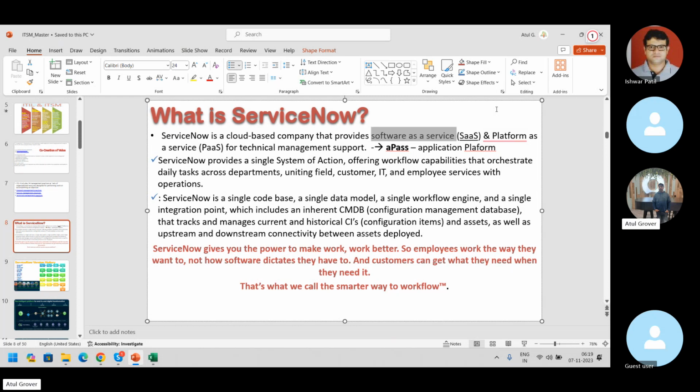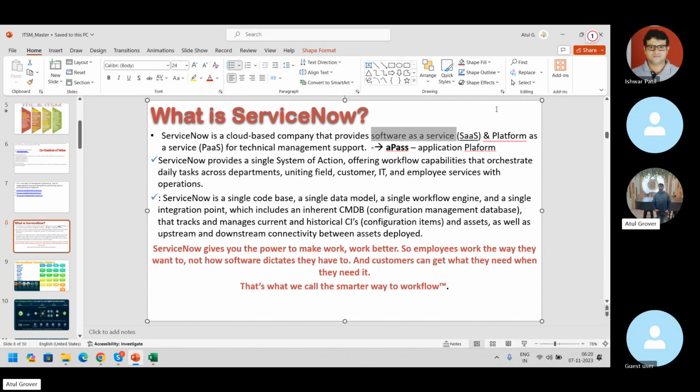Now, what is platform as a service? When you can use Gmail to integrate or to build something on top of Gmail, or with the support of Gmail, then it becomes platform as a service. Like I took the example of Android. You can use Android as it is, or you can use Android to build your own applications as well.